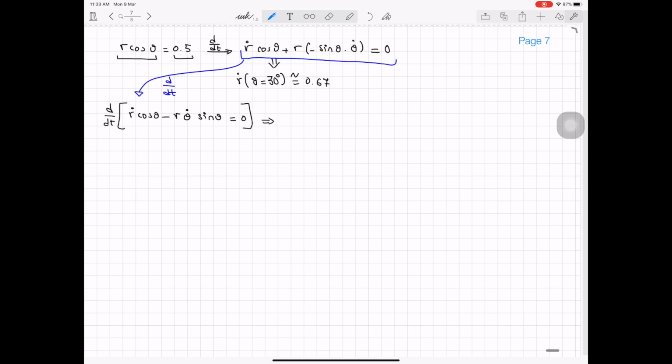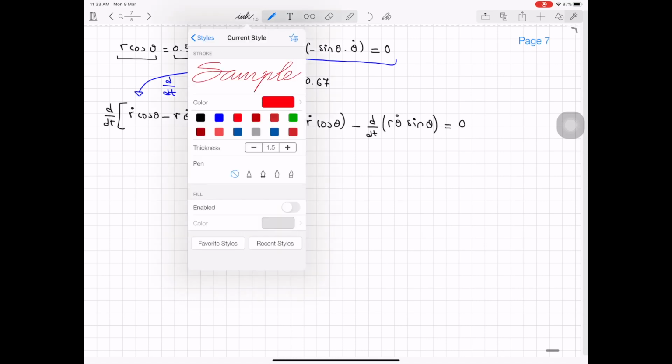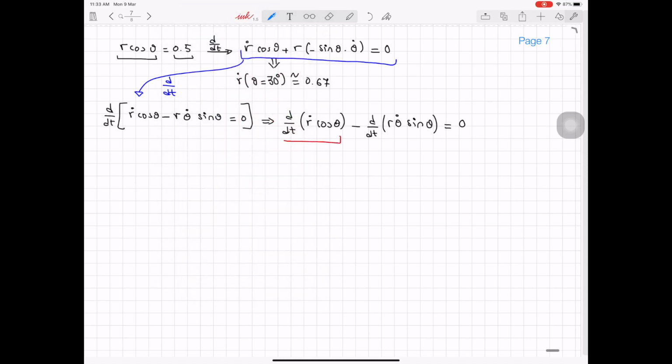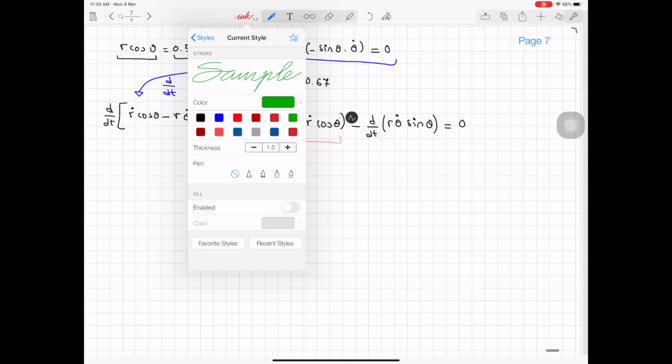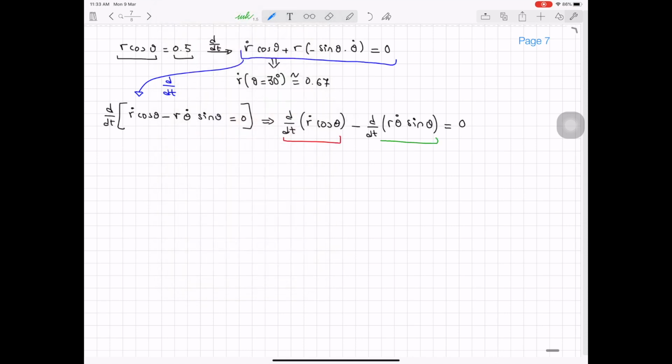This means d over dt of R dot cosine theta minus d over dt of R theta dot sine theta is equal to 0. So let's go piece by piece. Start with the first one, then we go to the second one.